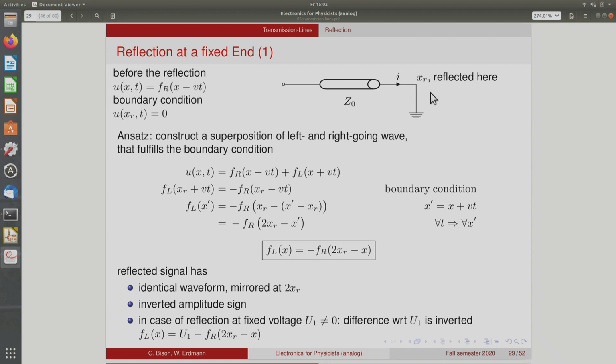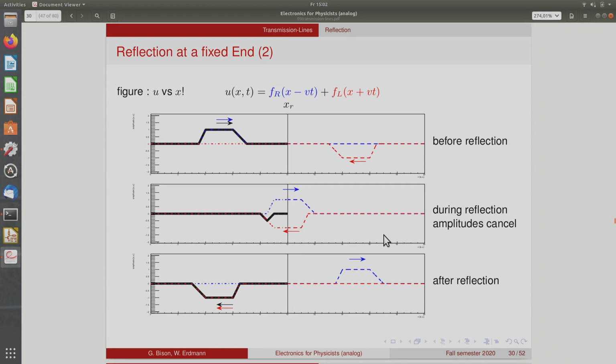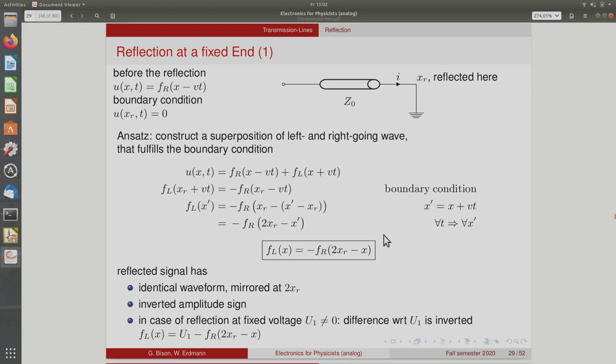And this cancellation is the same as saying the voltage is fixed. So this reflected signal has the identical waveform. It is mirrored, so it's flipped. We show the picture here already. It is inverted in amplitude.